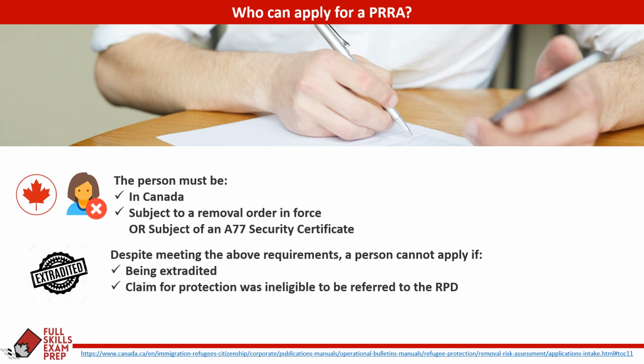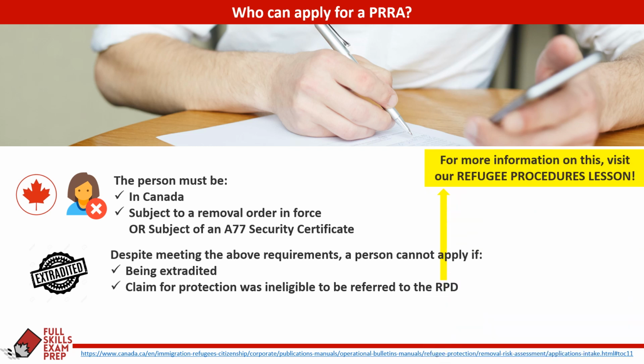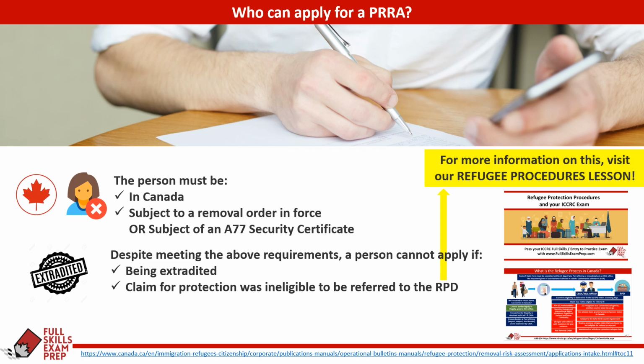Okay, so what about people who were ineligible to file a claim for refugee protection? So the claim was ineligible to be referred to the RPD. You might be wondering what this means. We did a big lesson on this. It's in the Refugees Procedures lesson, and we talked about it quite a bit. I won't really go over it too much in this video because this is an area that we should know already.